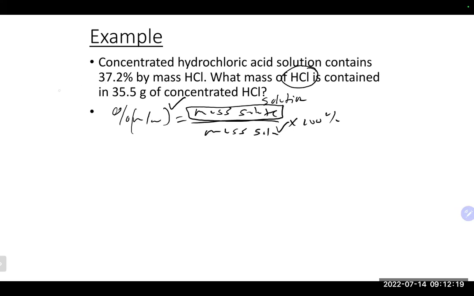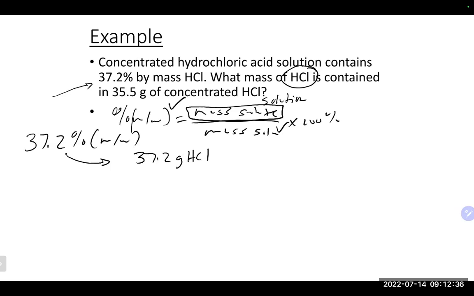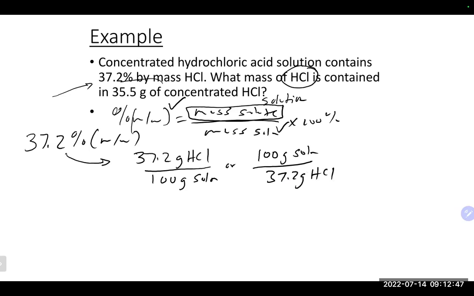We could also take the approach, since they did give us the percent mass to mass, which was 37.2% mass to mass, of converting that into a conversion factor and using it in a dimensional analysis approach to the problem if you wanted. That would have been 37.2 grams of HCl in 100 grams of solution. Since we know the grams of solution, you could just do it like so, using the conversion factor where the solution will cancel out.